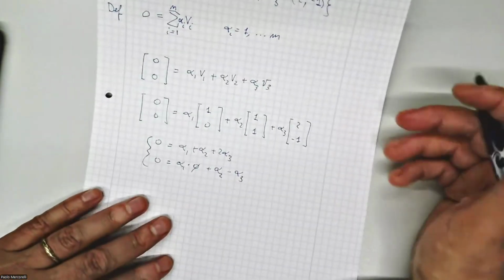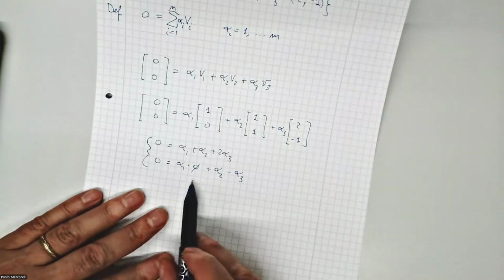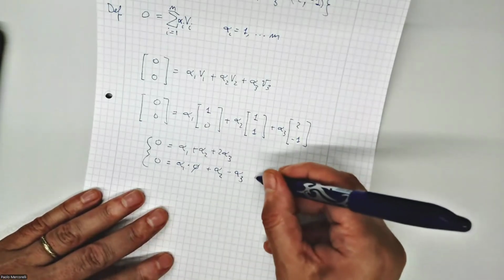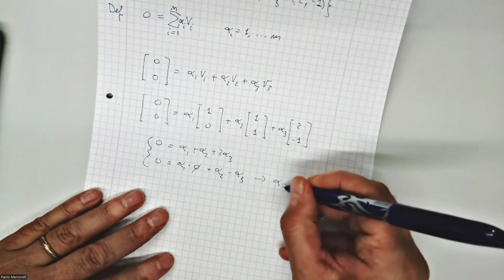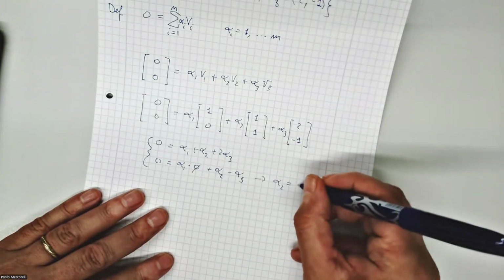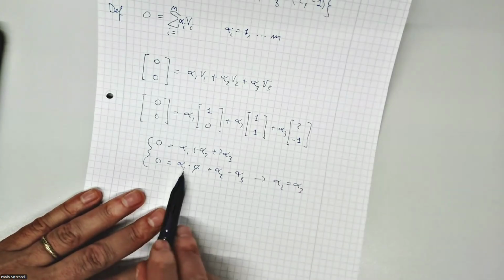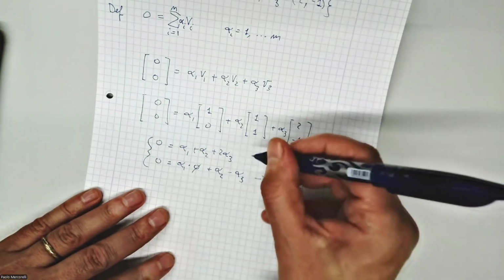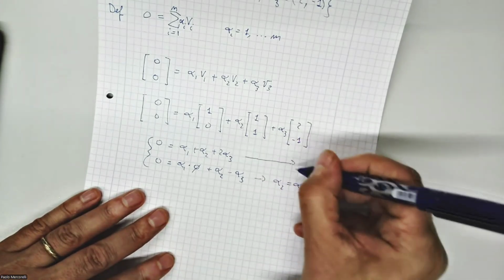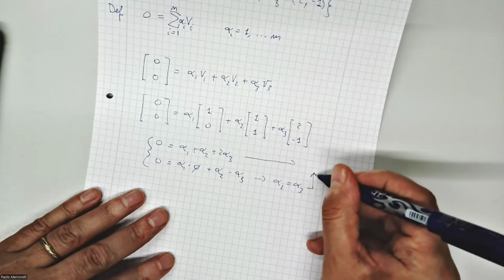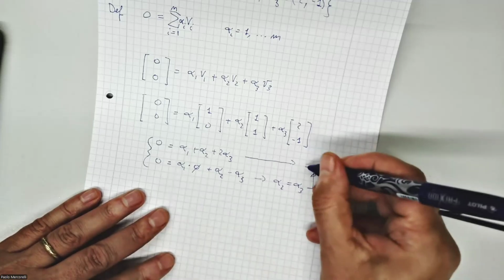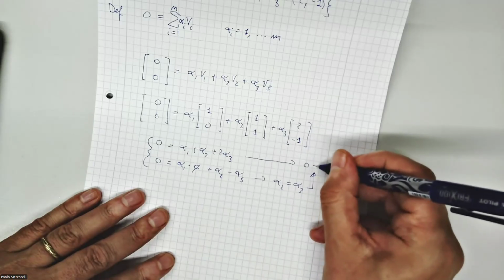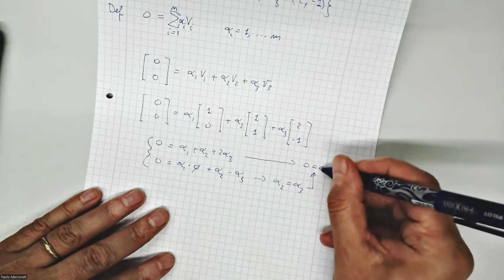Mistakes? No, I don't think so. No? What we can say here, for instance, from the second equation, I can say that alpha 2 is equal to alpha 3. Do you agree? No? Because this is here. I can now combine this information here. This means I can write here 0 equals, for instance, alpha 1.